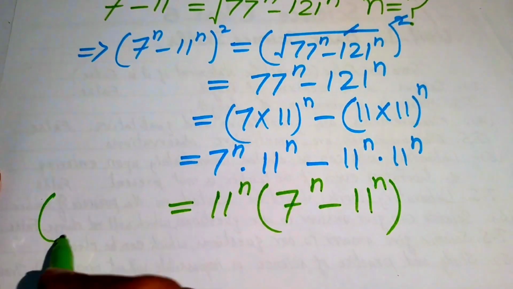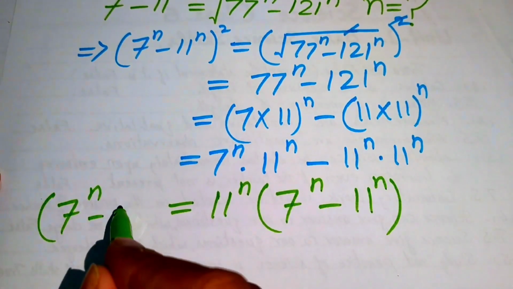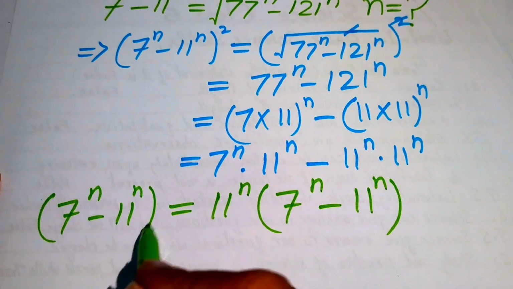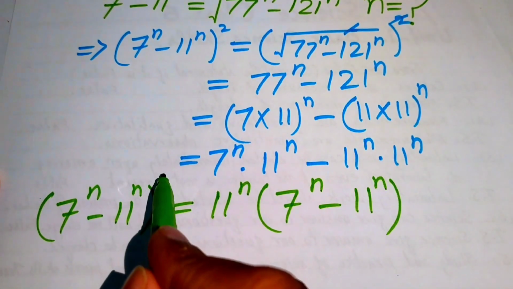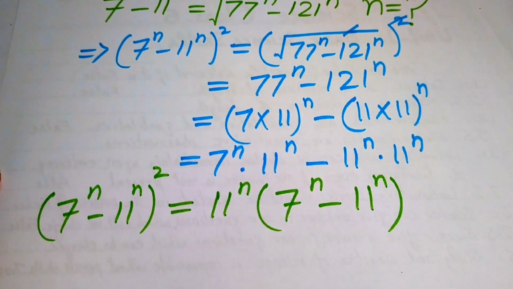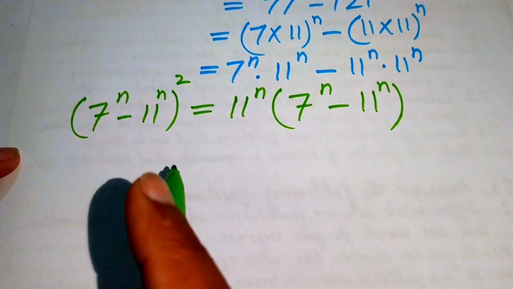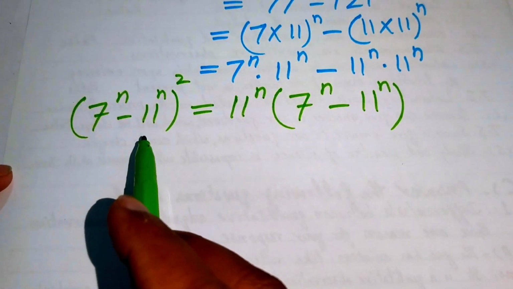On the left-hand side we have (7^n − 11^n) and its whole square. So now we see that 7^n − 11^n is the common term.